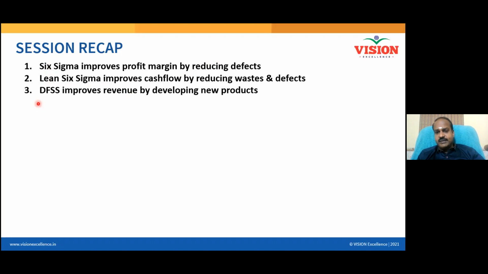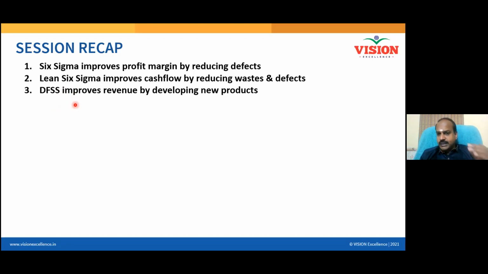And DFSS means design for Six Sigma. Six Sigma gives 2 methodologies. One is DMAIC, another one is DMADV, isn't it? So when you use DMADV for developing new products, the approach is called design for Six Sigma. You can use it to develop new products. In my opinion, all of you should master the DMAIC. Why? Because your projects will be only for a duration of 3 to 4 months, at the maximum 6 months.